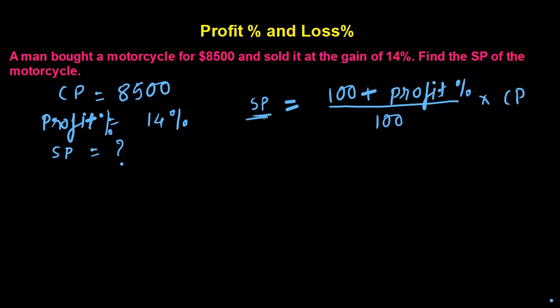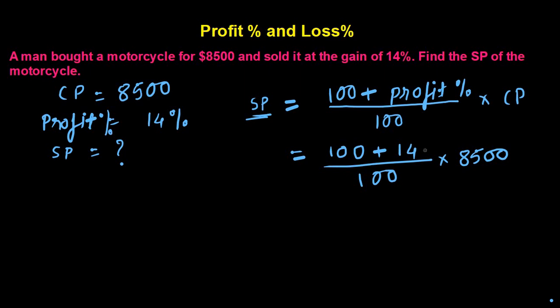So I wrote the formula of SP, which we have learnt in the previous part. Okay. So now we need to place the values. 100 plus profit percentage is how much? 14. Correct. Upon 100 times CP. How much was the CP? $8,500. Okay. Simplify it. Two zeros cross, two zeros cross.